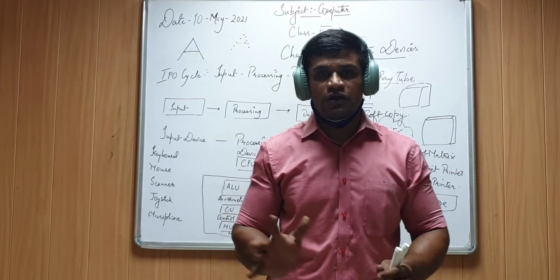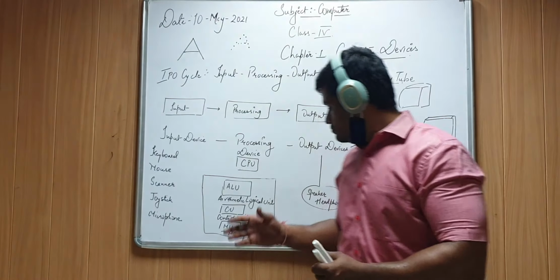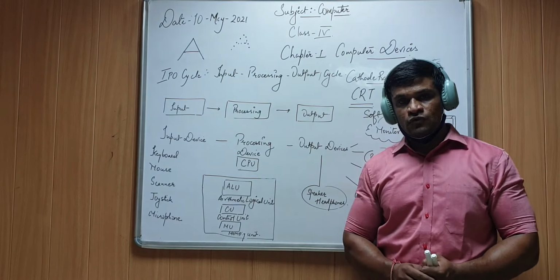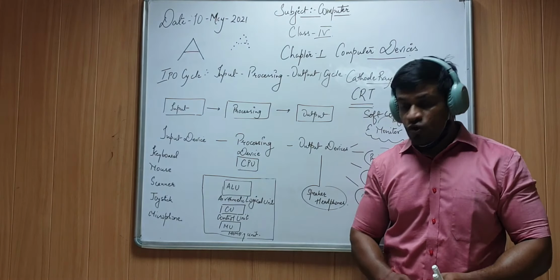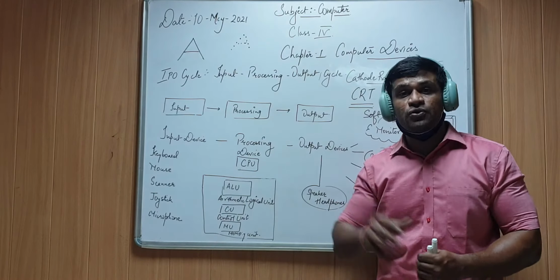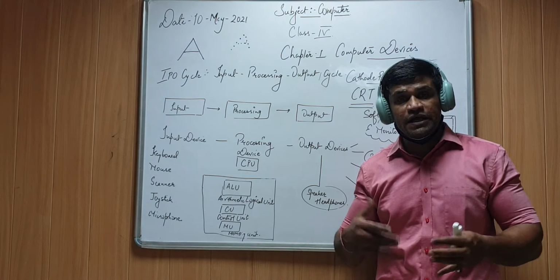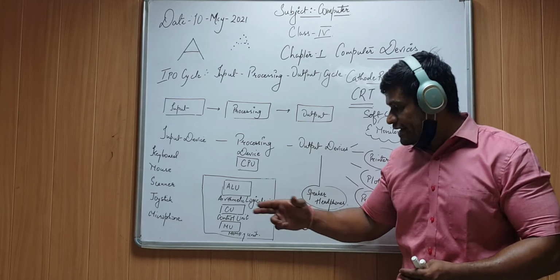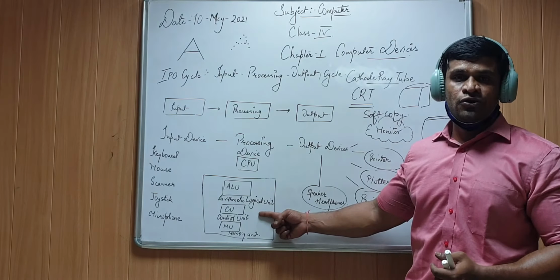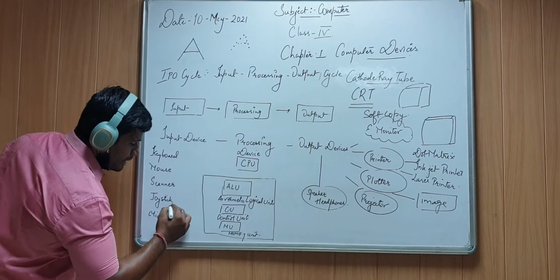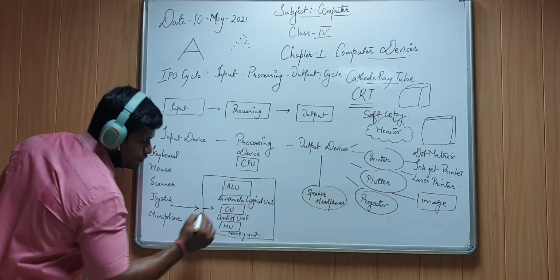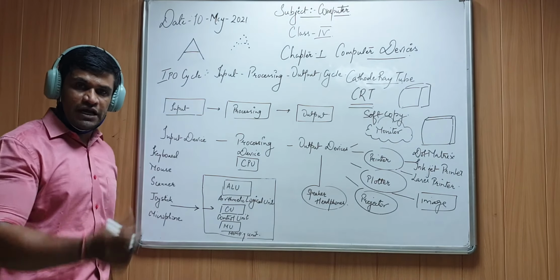Now, who controls them? Who tells ALU to calculate? Who tells the storage unit to store? Who brings the data from the storage unit to ALU? Somebody has to do the supervision. That work is done by your control unit. Control unit manages the input received from the input devices. You have a diagram, we have done it.